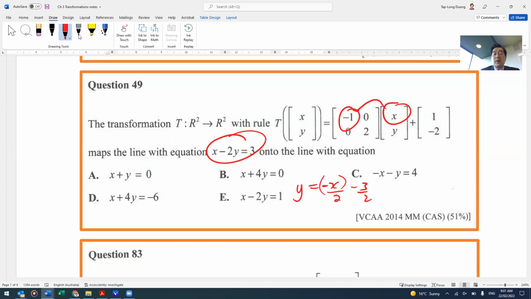You are timesing the whole thing through by 2. So then it becomes 2 brackets, negative x on 2 minus 3 on 2, which is then negative x minus 3. Then you are adding 1 to the x. So you zoom into the x again.